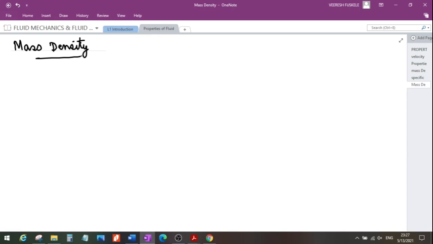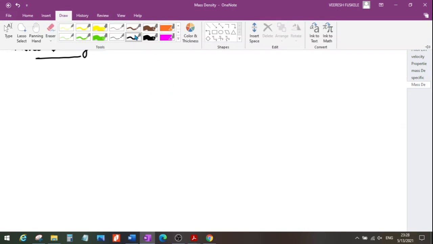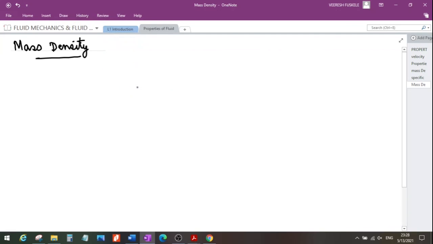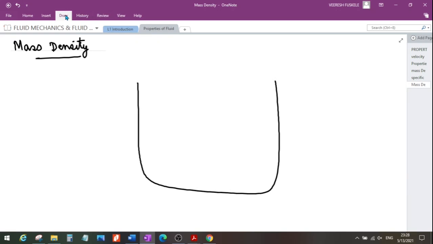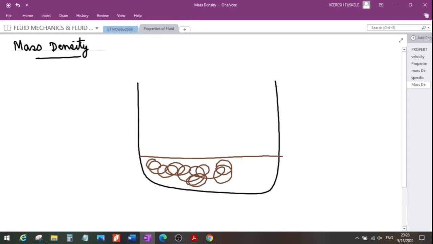So a practical example of this concept of mass density is a solar pond. So let me first draw this solar pond, then we will see what it is like. In this solar pond, there is a bottom layer. These layers are thin enough. I'm just drawing them a bit large so that you can view it properly. So this is a layer of solid material, so I'll call it a solid layer.